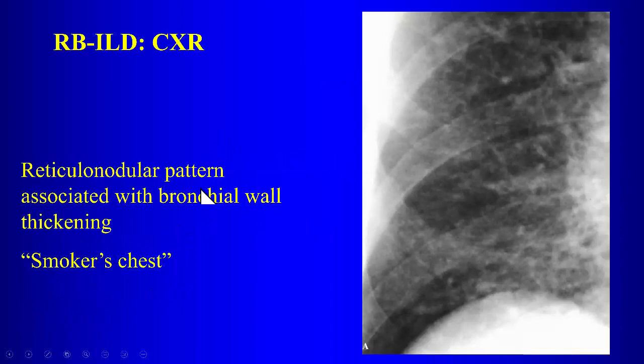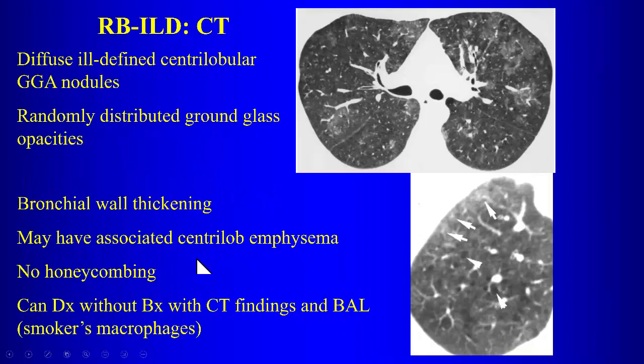It's been called the smoker's lung on the chest radiograph. You have these reticulonodular opacities, dirty-looking lungs on chest X-ray, the smoker's chest appearance, and then centrilobular ground glass opacities on CT. These can be very subtle. It's not unusual to see this in smokers, so usually it represents respiratory bronchiolitis.